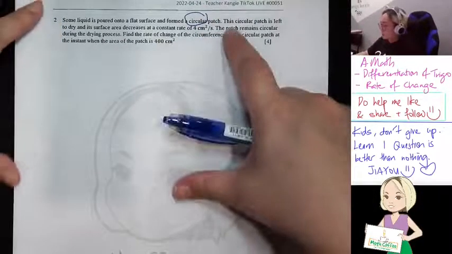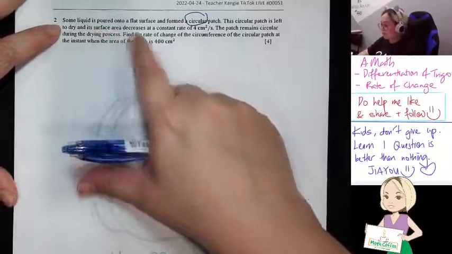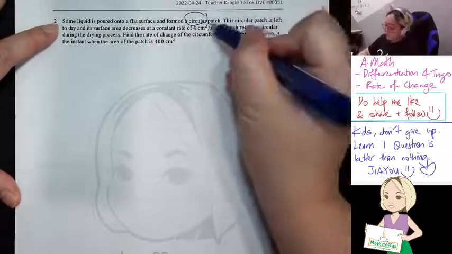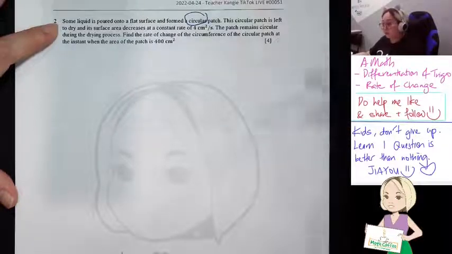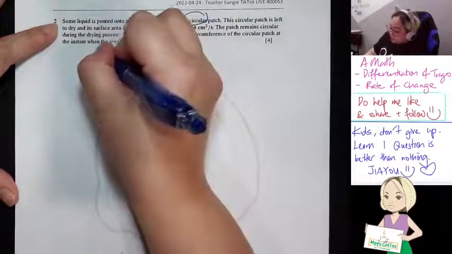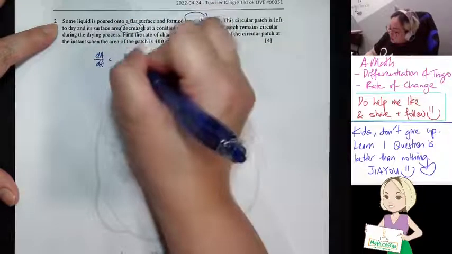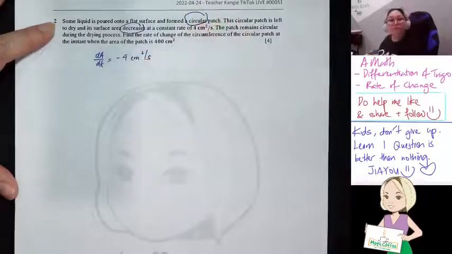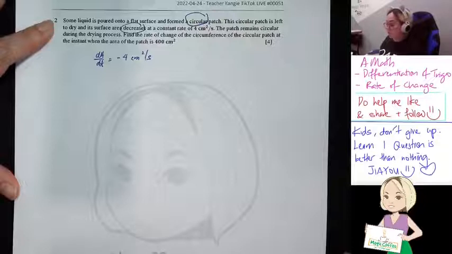This circular patch is left to dry and its surface area decreases at a constant rate of 4 cm square per second. Sometimes you look at the unit, this one is cm square per second, so you know it is area, dA/dt. Given dA/dt, the keyword is decrease, so it is equal to negative 4 cm square per second.